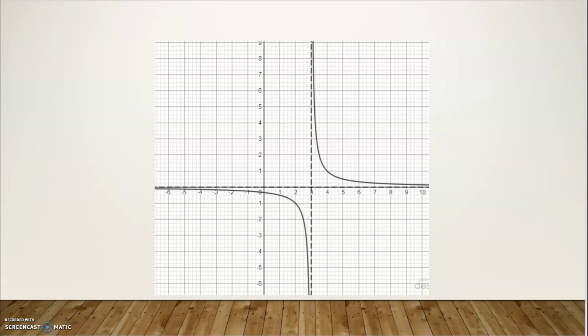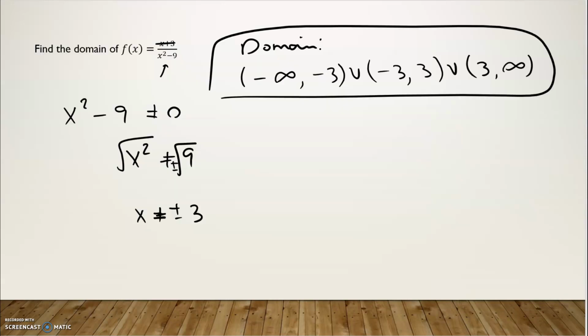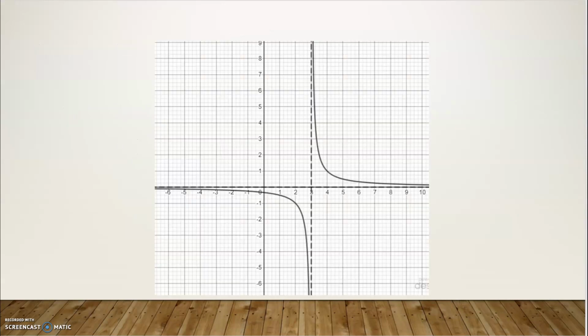Now here's a graph of this function right here, what we just found. Now what we're going to see is, and let me write it up here. Notice we have an asymptote at x equals 3, so the graph is not even touching x equals 3, so that's why, because it's going to be 0 on the denominator, so it's undefined at that point.